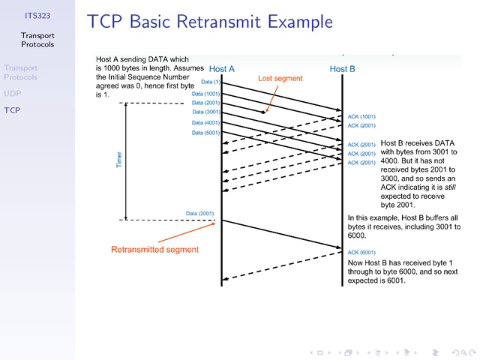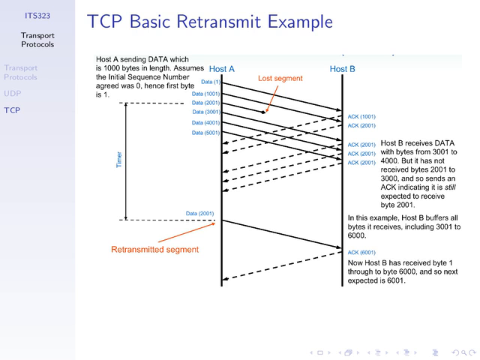That acknowledges the first segment sent, because A knows the first segment was from 1 up to 1000. If B is expecting 1001, that means the first segment has been successful. Then A receives the second ACK saying B has received up until 2001, meaning the second segment has been successful.